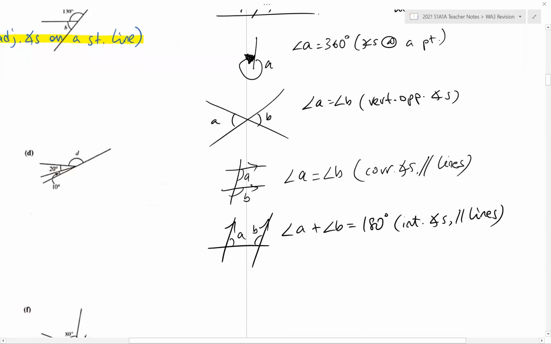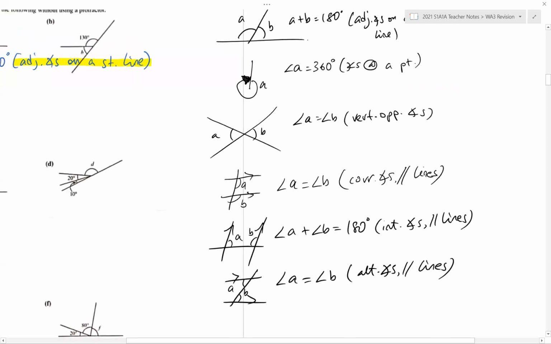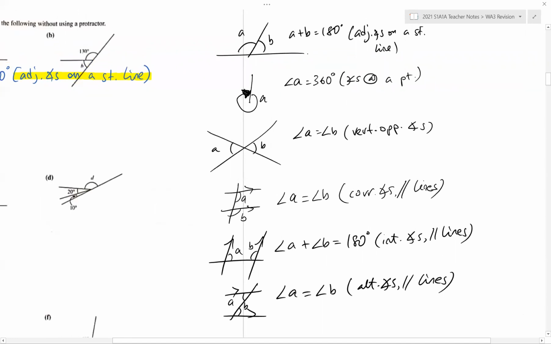And the final one, the letter Z. A and B. Angle A equals angle B. Alternate angles, parallel lines. Is there any more that you have learned? That's all, isn't it? How many are there? 1, 2, 3, 4, 5, 6.